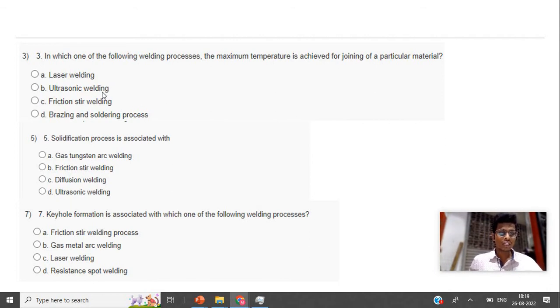In solid state welding, the temperature will be less, and as we know, in brazing and soldering the temperature is hardly around 400 to 450 or 500. But in laser welding, since the high energy beam is concentrated at a particular point, the temperature reached will be very high. So the option is A for the third one.